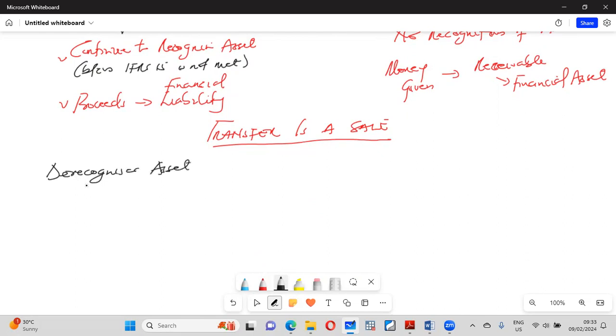Do you remember disposal accounting? Disposal accounting in the lessee's books. What about the lessor? The lessor has purchased an asset, so he will recognize a purchased asset. So that is that.